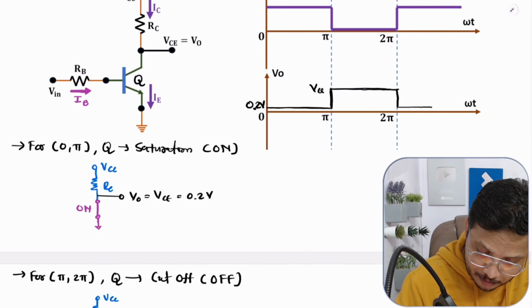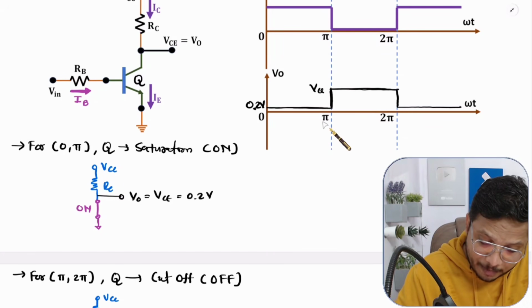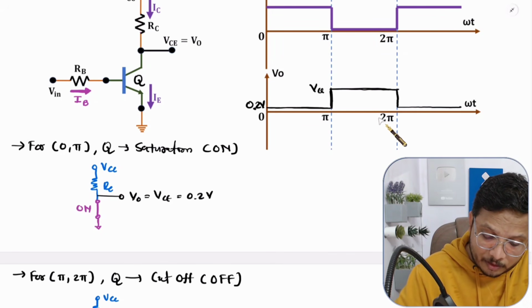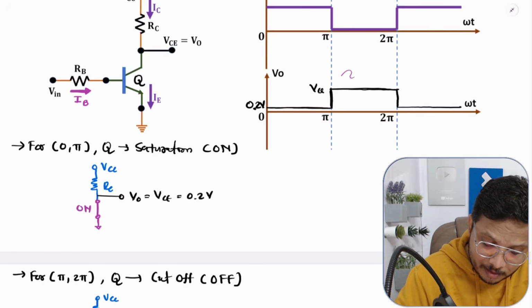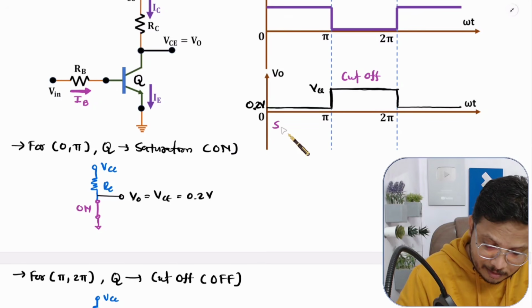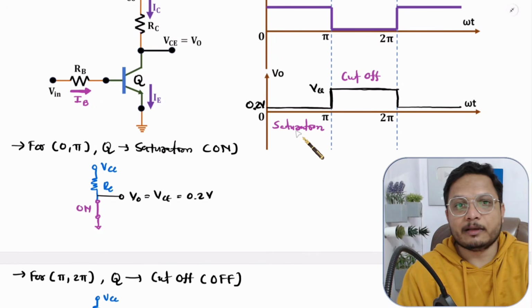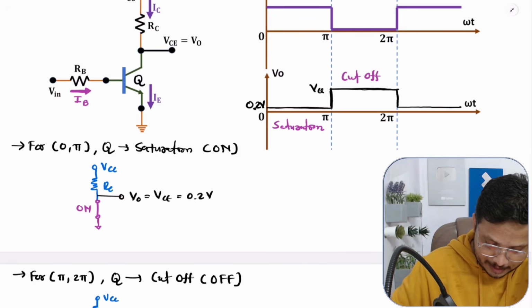So that is how we can use a transistor as a switch. During pi to 2 pi, it is in cutoff mode, and during 0 to pi, it is in saturation mode. And that is how one can use a transistor as a switch.